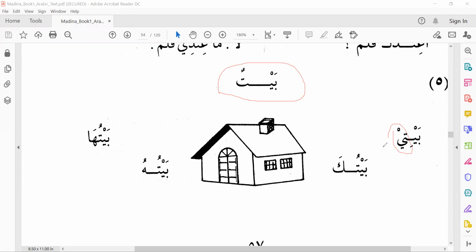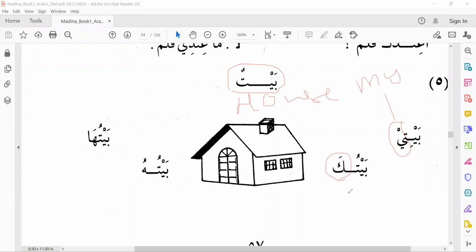That means ad-dhamairul muttasila, attached pronoun. Baitun is a house. If you want to say my house, you have to say baiti. The i is an attached pronoun. It will give the meaning of my or mine.